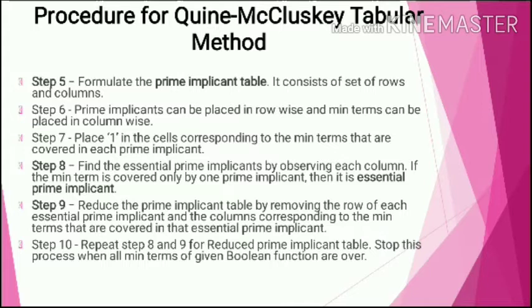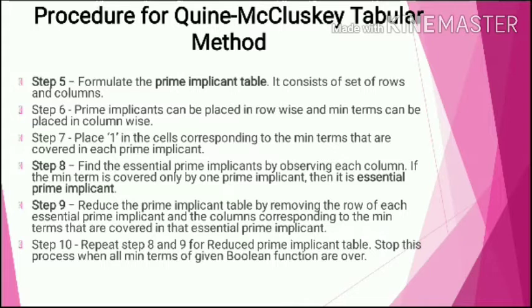Step 7: place 1 in the cells corresponding to the minterms that are covered by each prime implicant. Step 8: find the essential prime implicants by observing each column. If a minterm is covered by only one prime implicant, then it is known as an essential prime implicant.